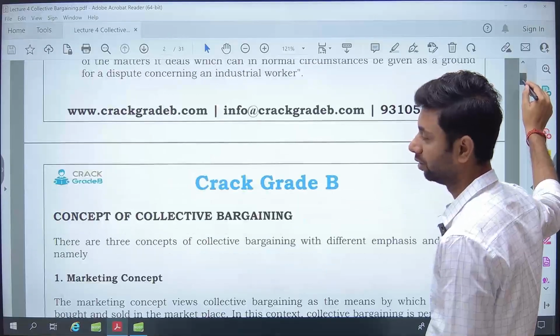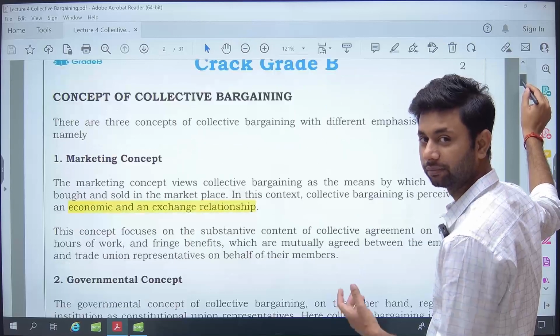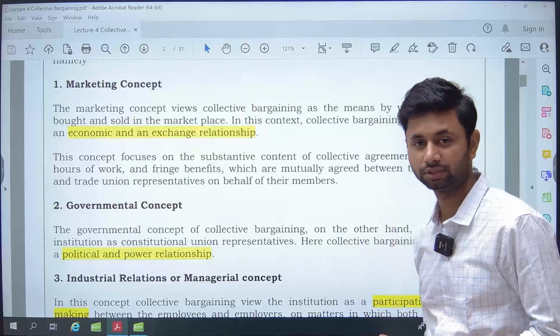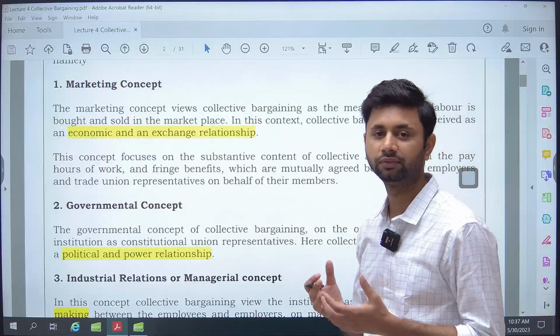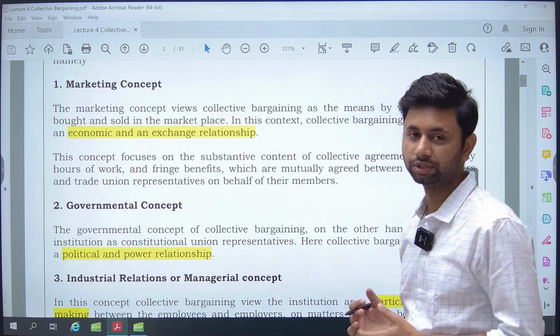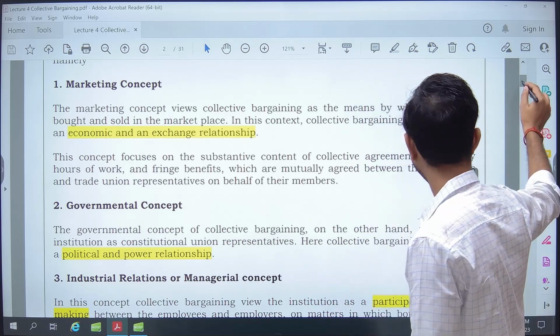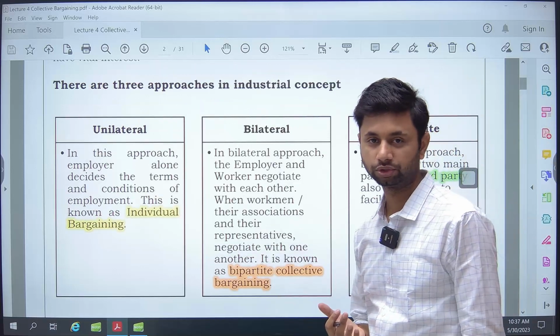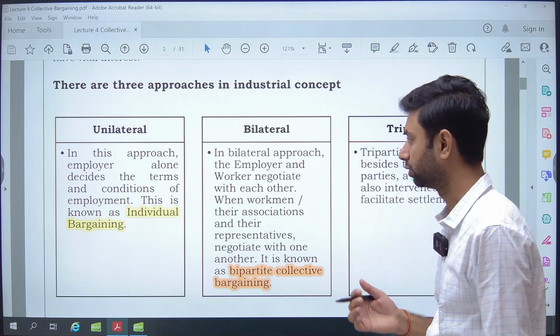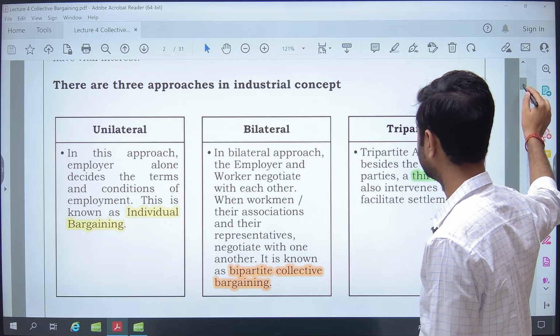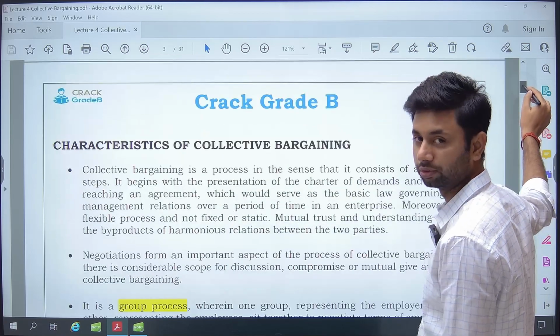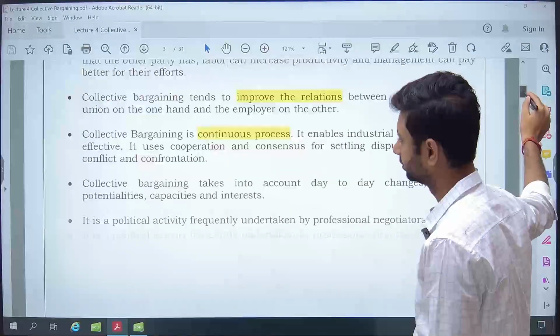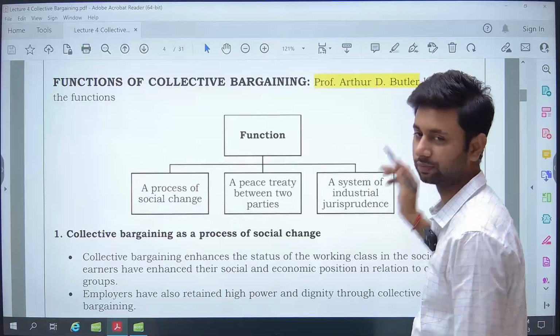Then we'll go to the concept of collective bargaining, where different emphasis changes the definition or the main point of collective bargaining. Then we go on to the approaches of collective bargaining, where we'll talk about unilateral, bilateral, and tripartite. Then we'll talk about the characteristics of collective bargaining and the functions of collective bargaining.